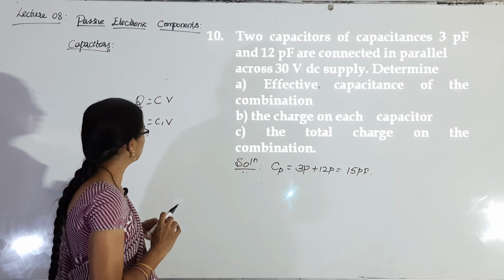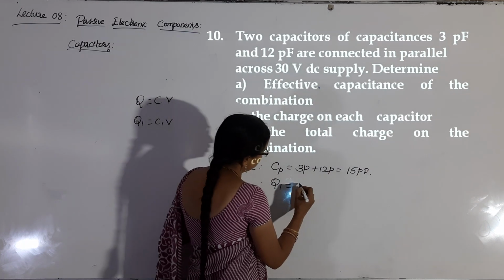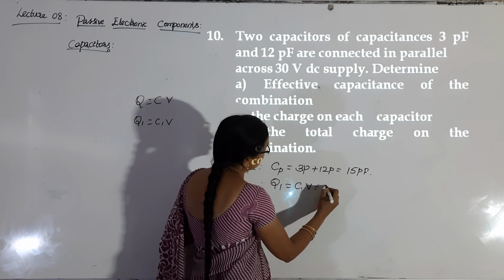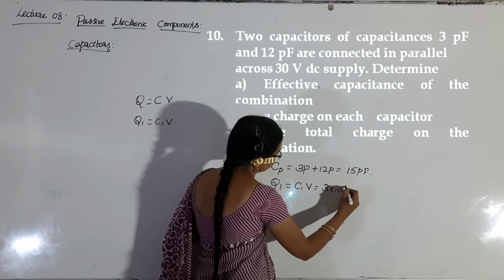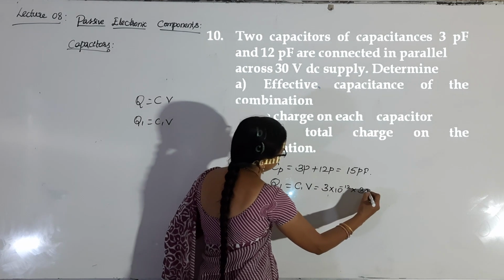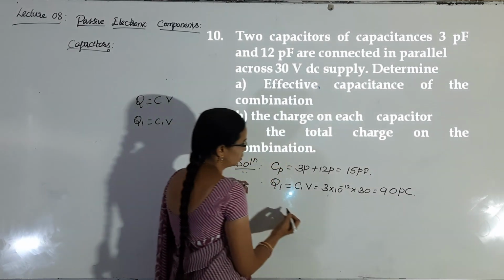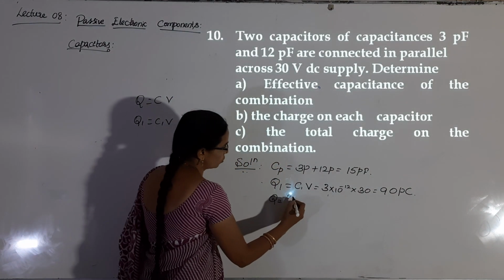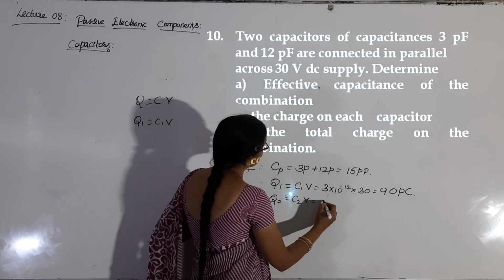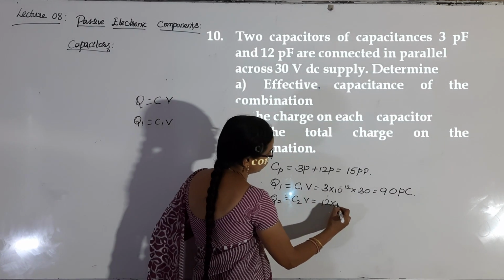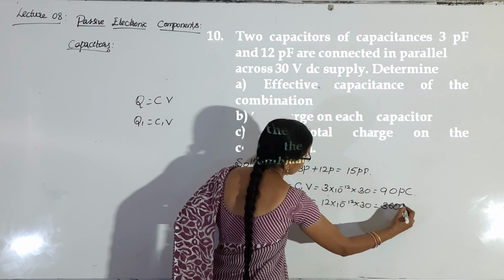So the voltage is 30 volt, therefore Q1 is equal to C1V, 3 pico into 30, 90 picocoulomb. Q2 is equal to C2V. C2 is 12 pico into 30, 360 picocoulomb.